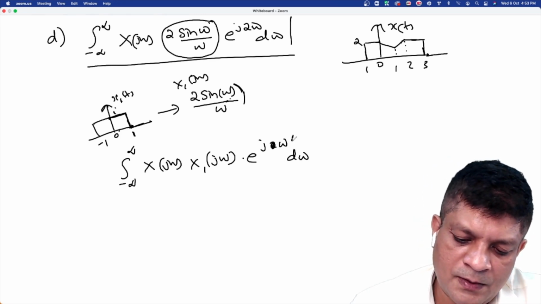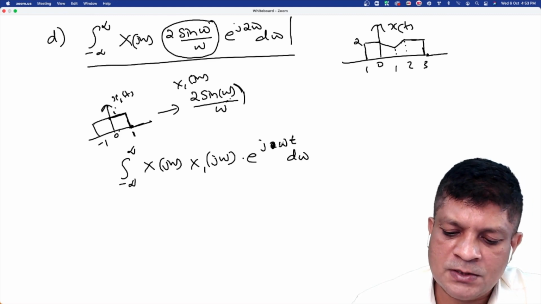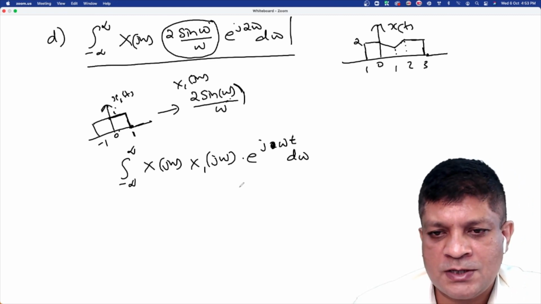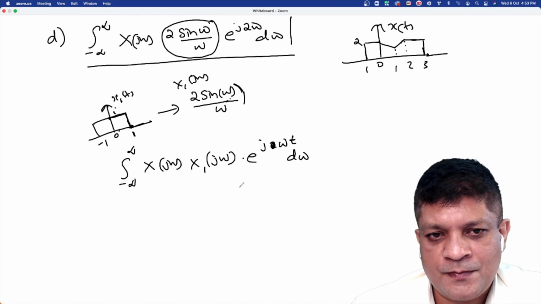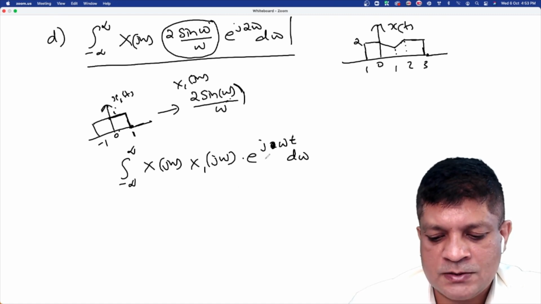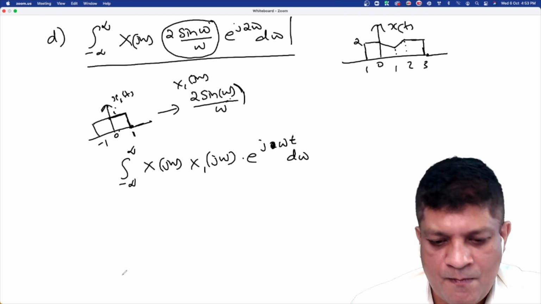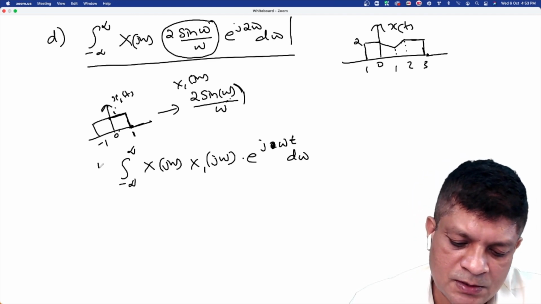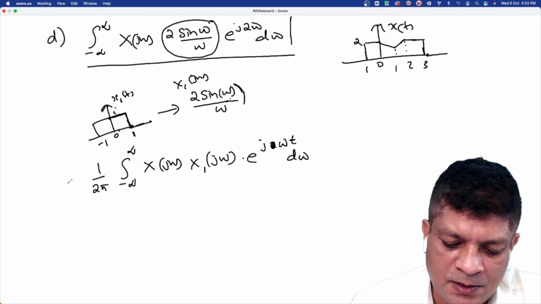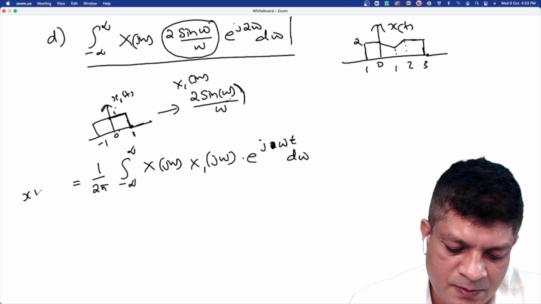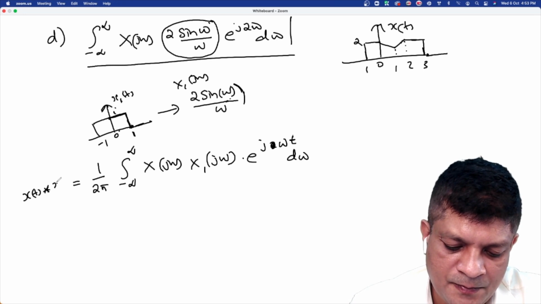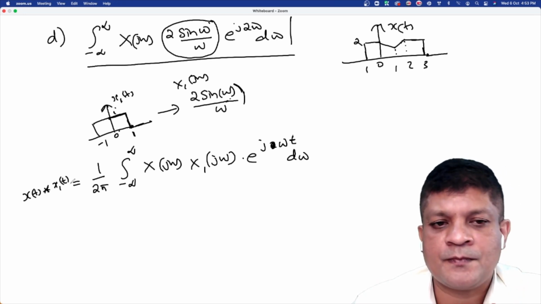If instead of 2 it is t, then what is this? It is x(t) convolution x1(t), with a scaling factor 1 upon 2 pi.